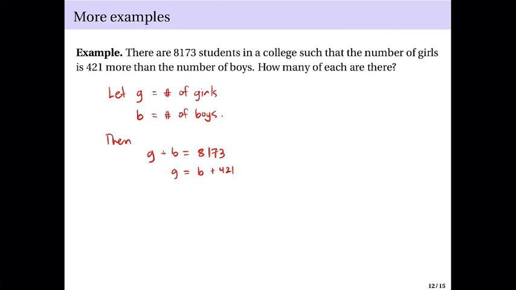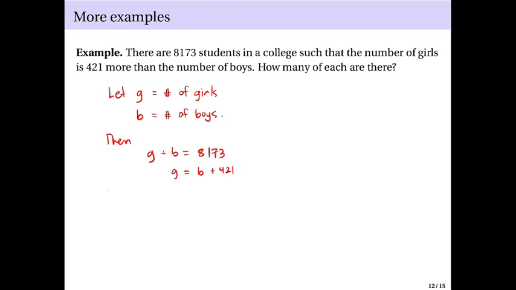And then you now have these two pieces of information. All we need to do now is to solve for the variables G and B. But as you can see, we have written G in terms of B already. Which means that I hope you will realize that the quickest method is substitution, because you have already written one of the variables in terms of the other.